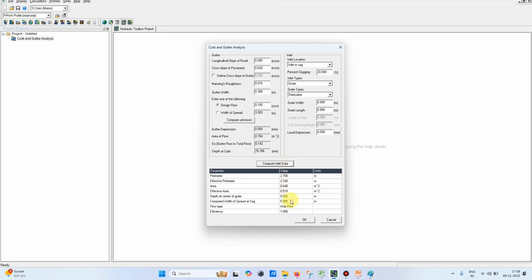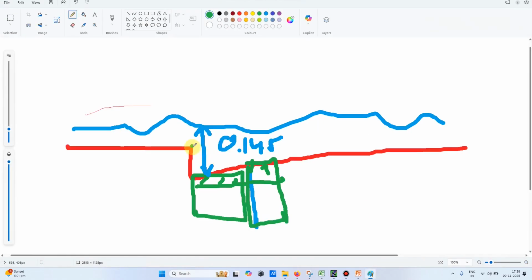Here I got the depth at the center of the inlet, which is now 0.092. The road curb height itself is 10 centimeters, or 0.1 meter. So now I am getting 0.092, and that is a very satisfactory result.